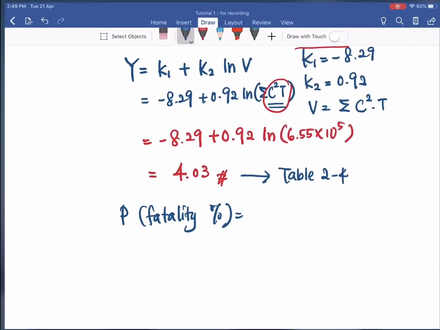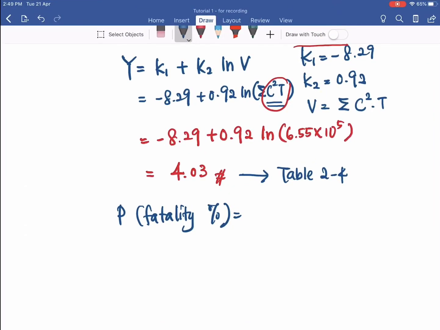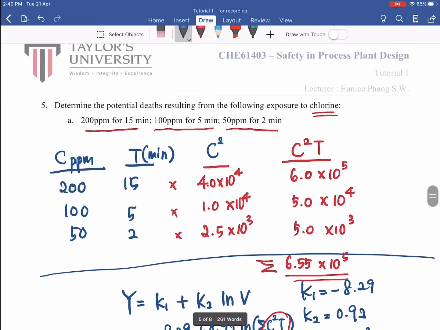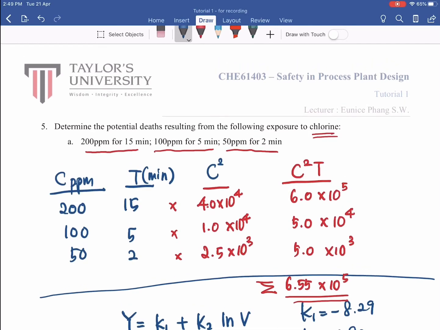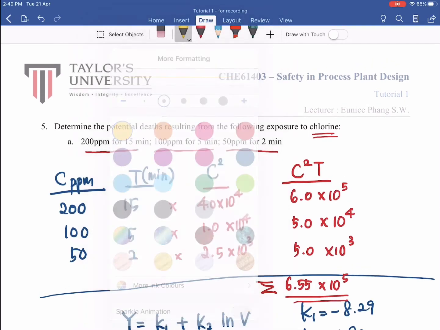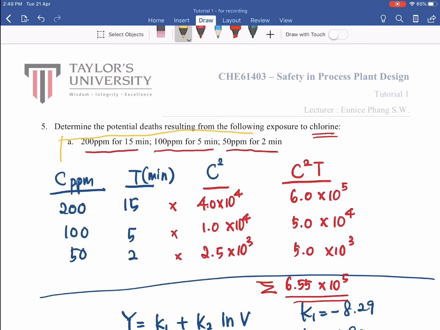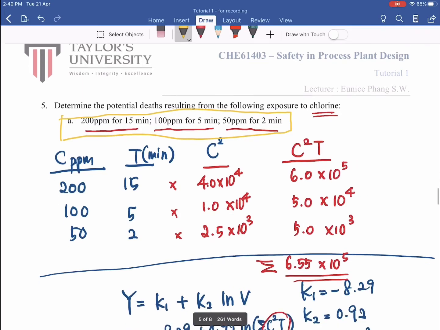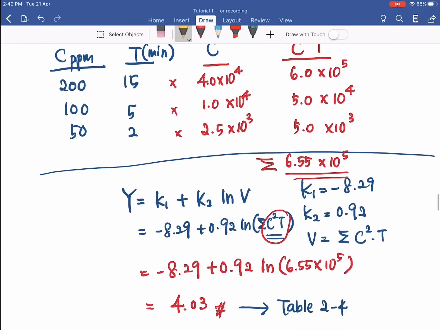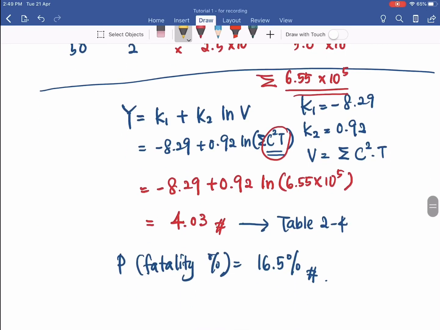So the probability fatality rate here is estimated to be around 16.5%. And there you go. With exposure to chlorine at this series of concentrations, from 200 ppm for 15 minutes to 100 ppm for 5 minutes to 50 ppm for 2 minutes, the expected death percentage is 16.5%.